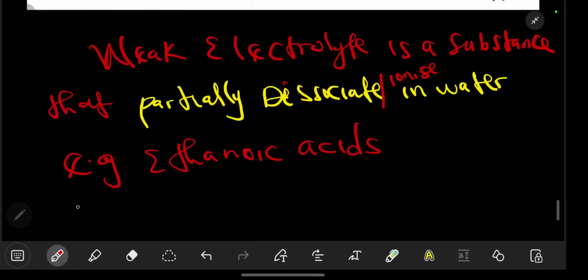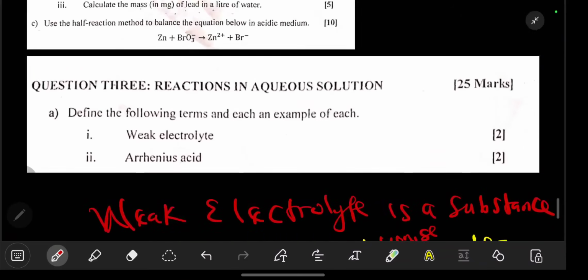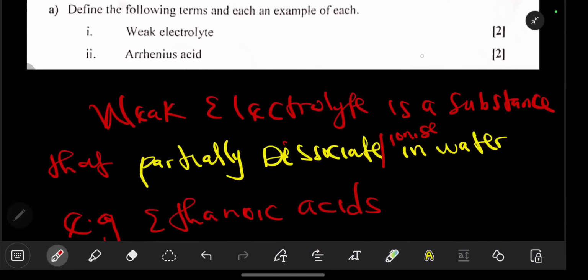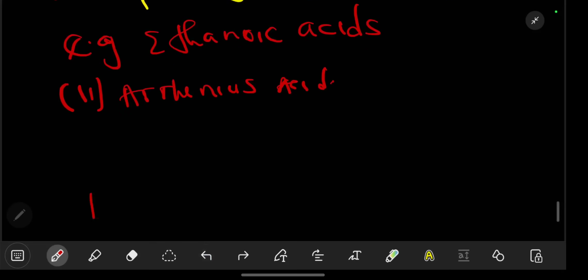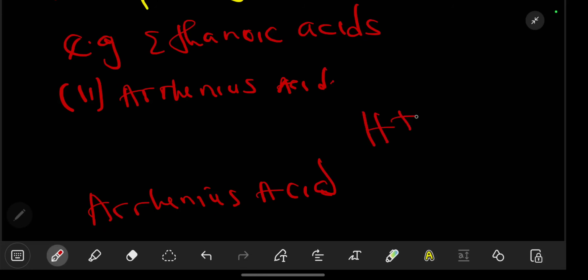Then for Arrhenius acid. Remember, an acid is a substance which ionizes in water to produce hydrogen. Here for Arrhenius acid, it's a bit more specific.